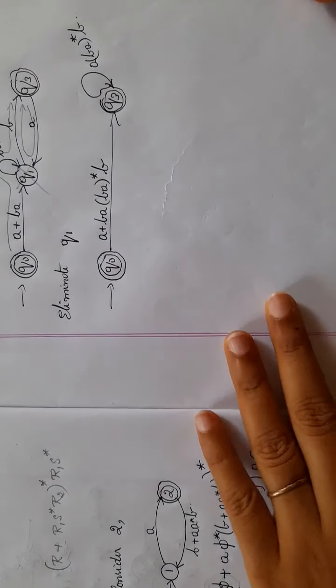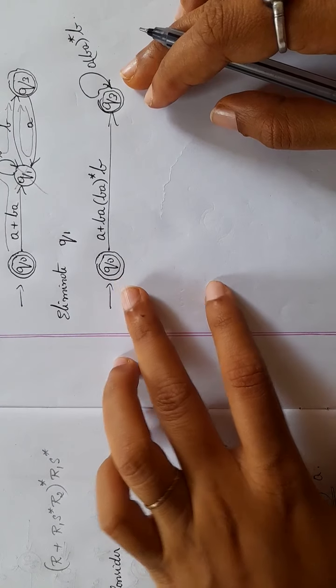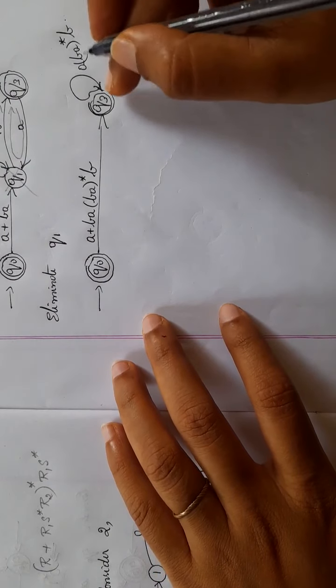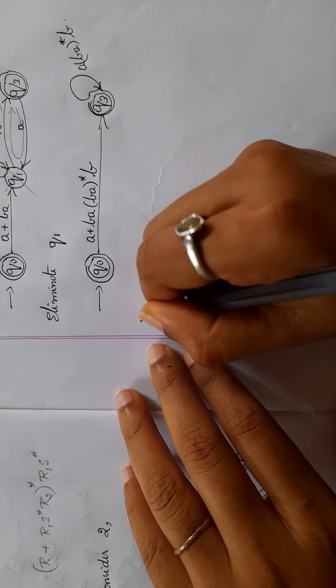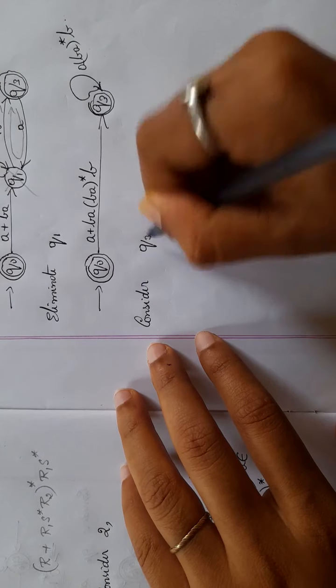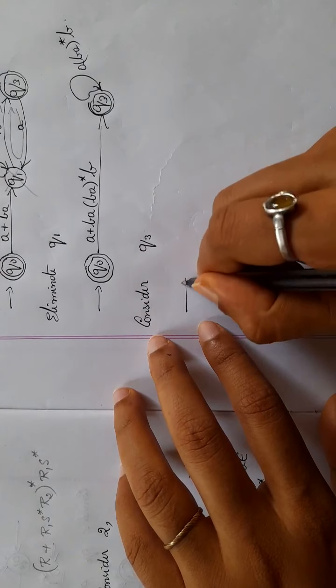Okay. So I have removed all the intermediate nodes. Now I have two states and I have two different final states. So what I will do is, first I will consider Q3 as a final state. When I consider Q3 as a final state, it looks like this.